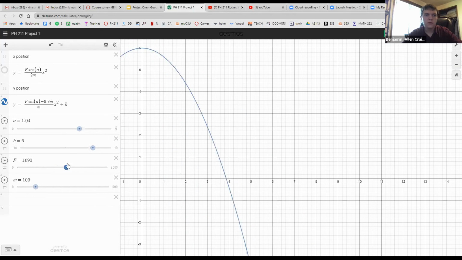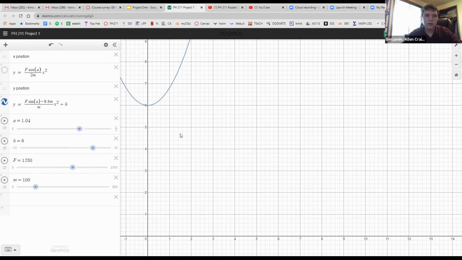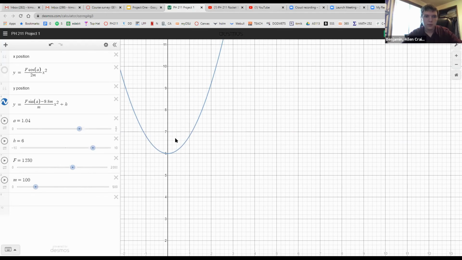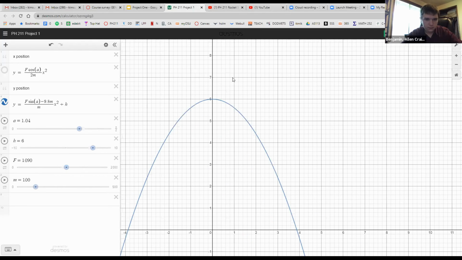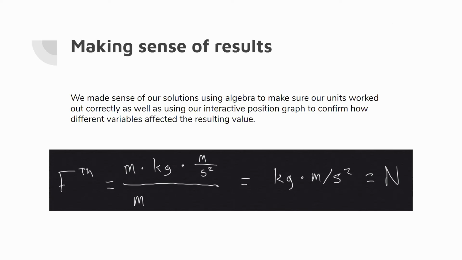If we increase the force too much, it'll actually start rising with respect to time, which you can see here. But we were assuming that the force would not be that high, because in the problem we read that it was going to crash into the ground. For checking our solutions and making sure they made sense, we used the interactive position graph from the last slide to relate all the variables and make sure that the changes were proportional to the correct values, and it all made sense when we plugged that stuff in.